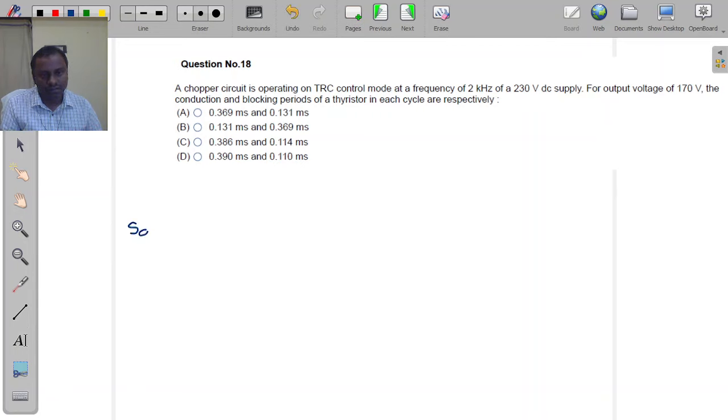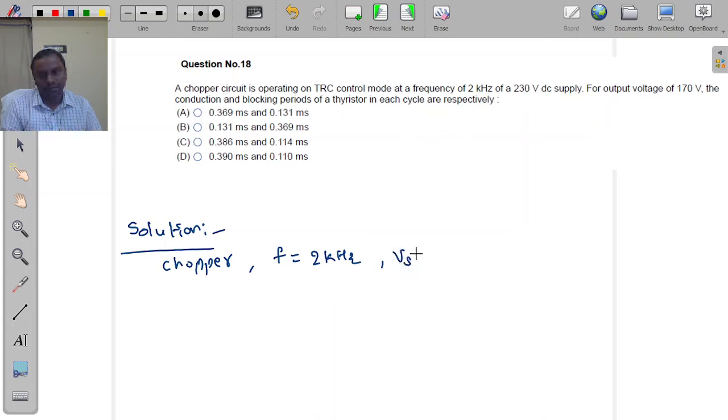So, solution. Given data: chopper switching frequency 2 kHz. Next, voltage source is 230 volt.